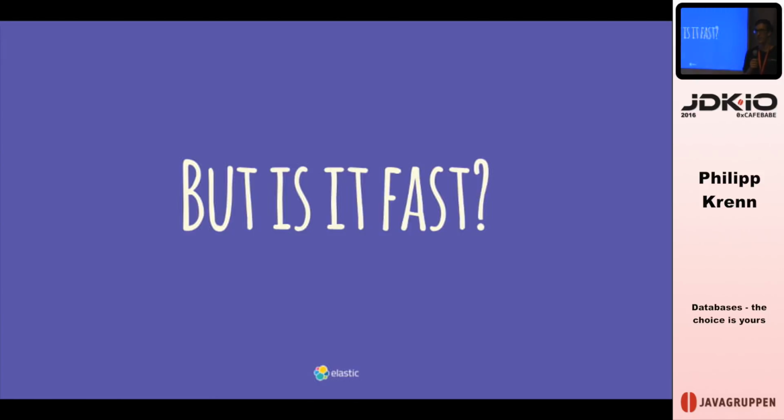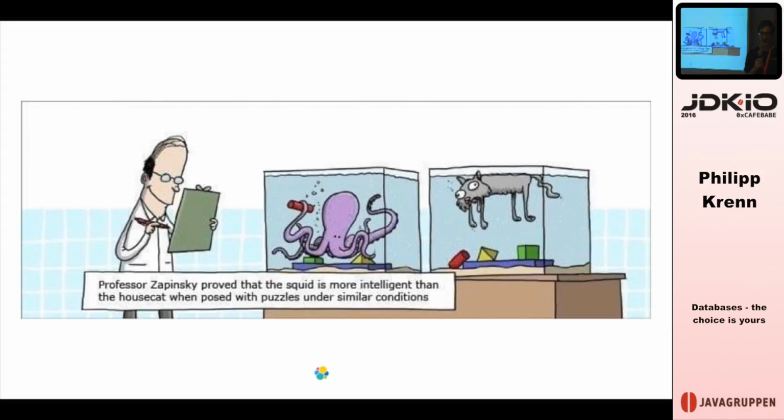And then there's always a question like, but what is the fastest system? Is it fast? And I'm always showing this comic where somebody under similar conditions tests, is the squid more intelligent than the house cat or vice versa? And he then concludes like, obviously the squid is much more intelligent because the house cat is dead.